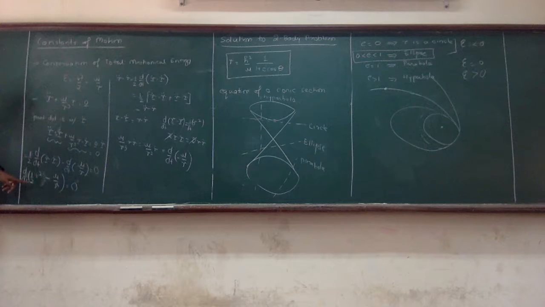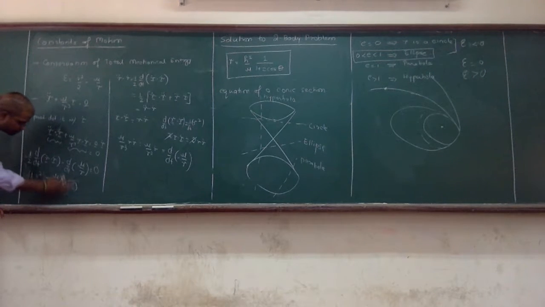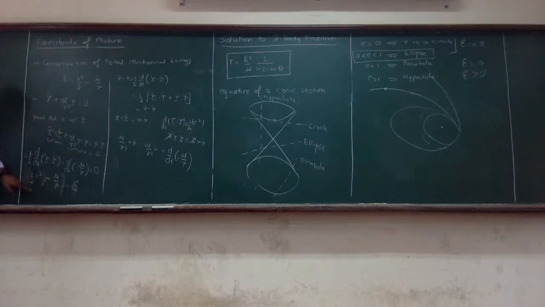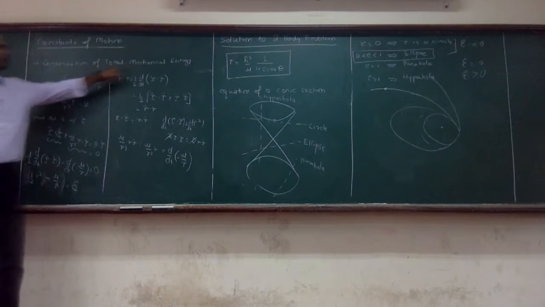So here what you're seeing is, if the derivative of something is zero, what is this something? Constant. So if I can just take this off and write this as constant epsilon, right? And this is kinetic energy. This is potential energy. Sum of kinetic energy and potential energy is what? Total mechanical energy.